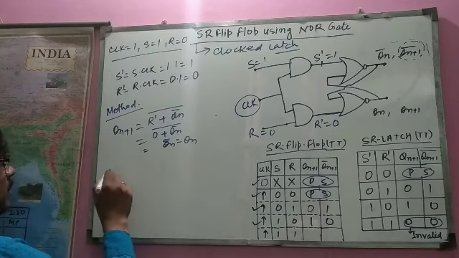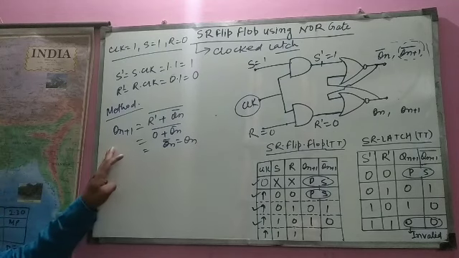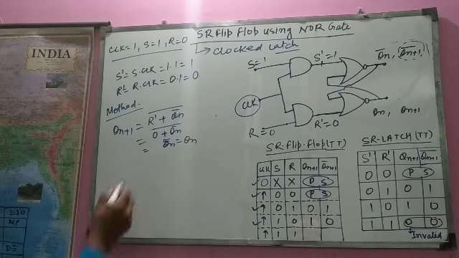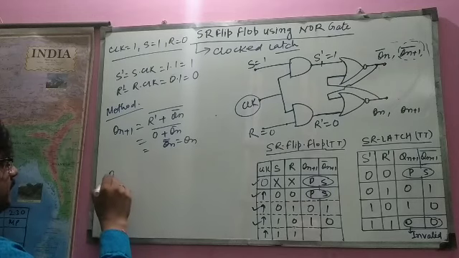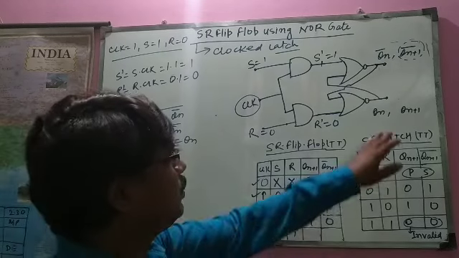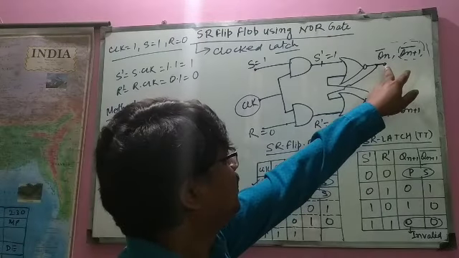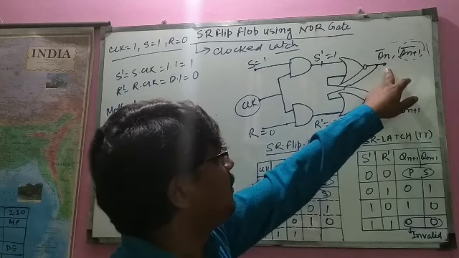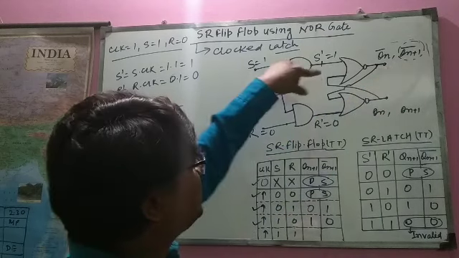Okay, but by just seeing one output we will not conclude. We will see Qn plus 1 and Qn plus 1 bar. If we want to calculate the output Qn plus 1 bar, it will be the function of this and this.